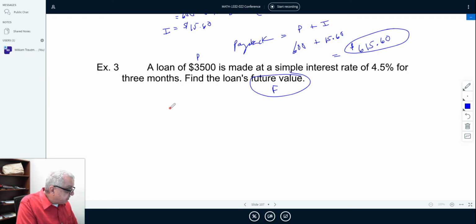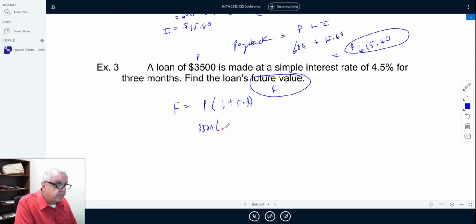So using the future value with simple interest formula, F, which is the future value, equals the present value times 1 plus r times t. So this is the formula. Our present value is 3,500. Our interest rate was 4.5% in this problem.